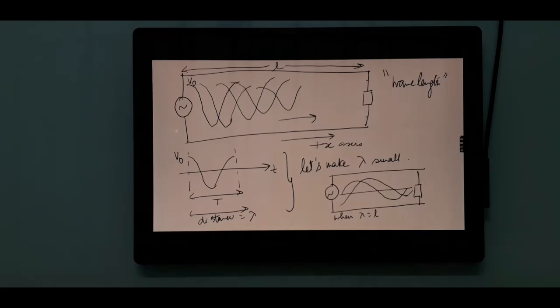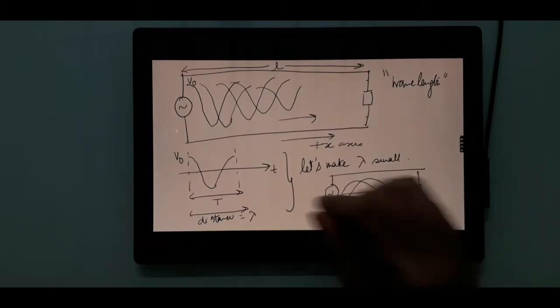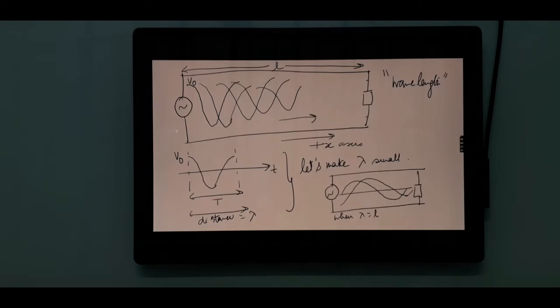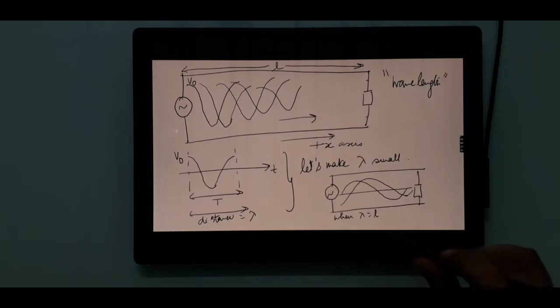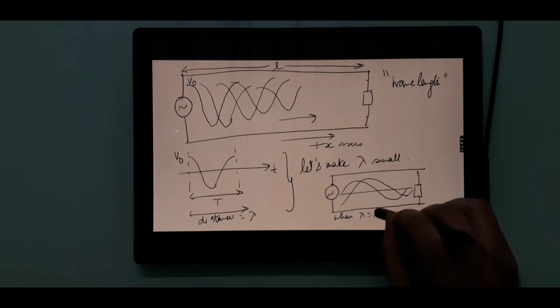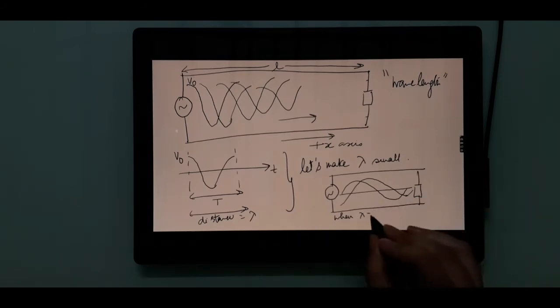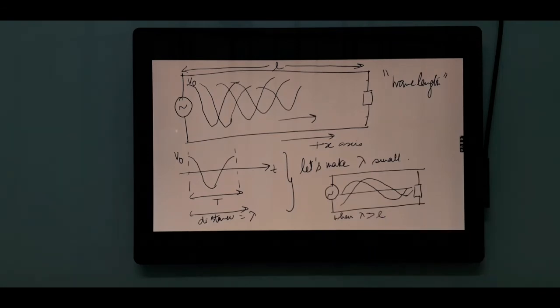If I am freezing time, can I still say that the source voltage will be equal to the load voltage? I cannot make any such claim. Well, in this case I can, because lambda is equal to L, but let's say lambda is more than L. Then can I make such claims? I cannot.